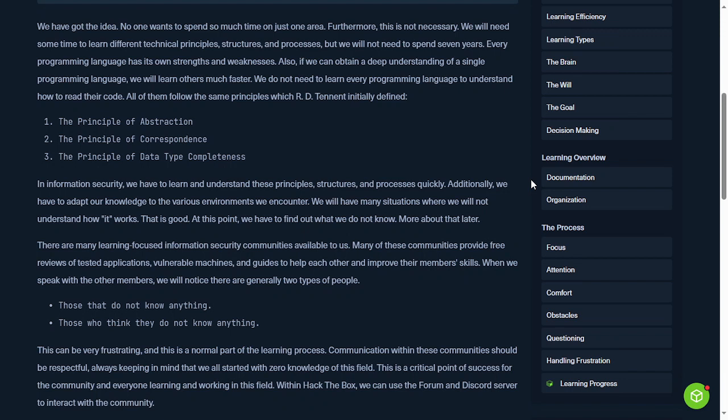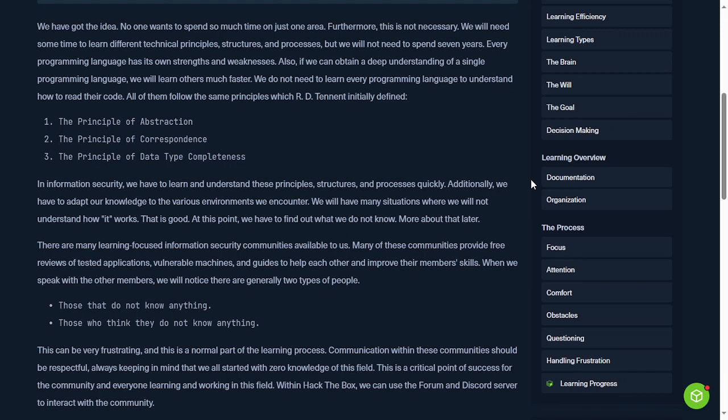We will need some time to learn different technical principles, structures, and processes, but we will not need to spend 7 years. Every programming language has its own strengths and weaknesses. Also, if we can obtain a deep understanding of a single programming language, we will learn others much faster.